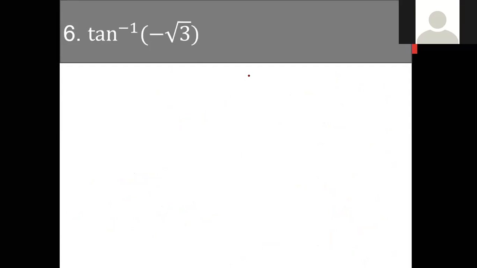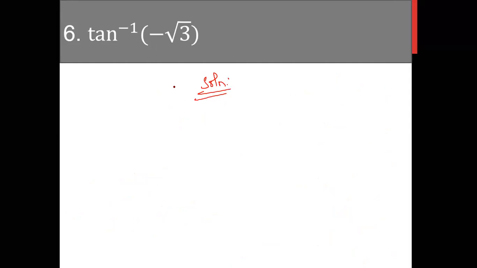This is the next question. That is tan inverse of minus root 3. So those who have understood, you can go for the next question.